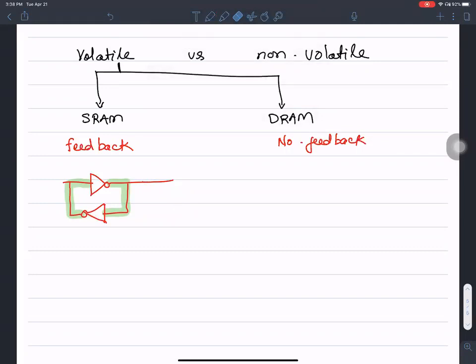So the same theme here as well. Static RAM also has feedback to reinforce data. DRAM, dynamic RAM, on the other hand, relies on storing the value 1 or 0 on a floating cap.